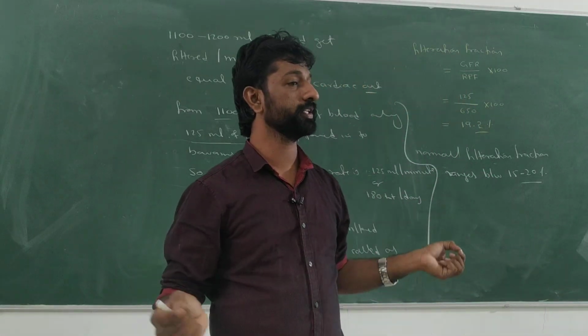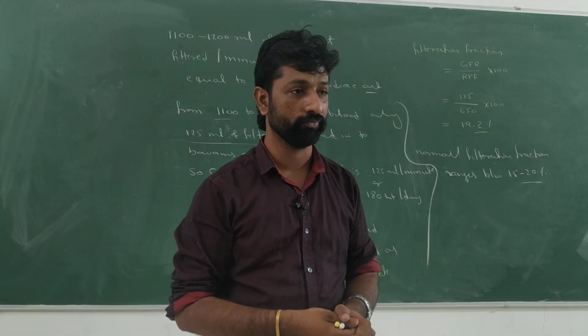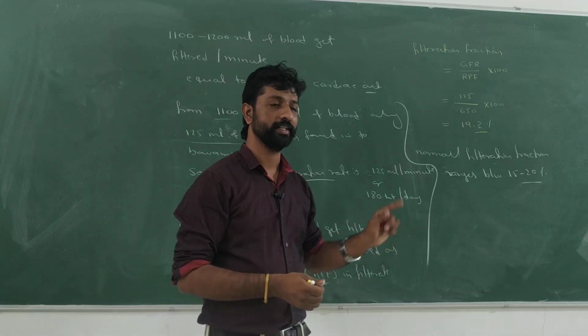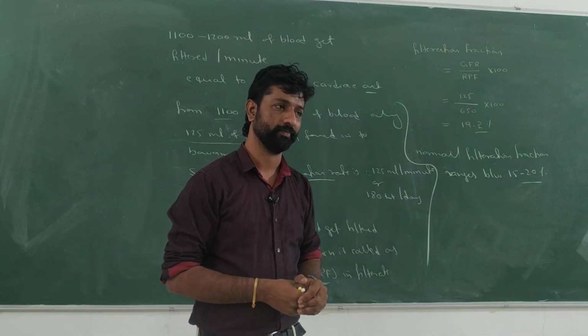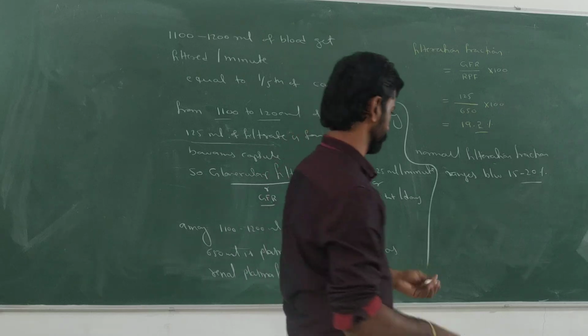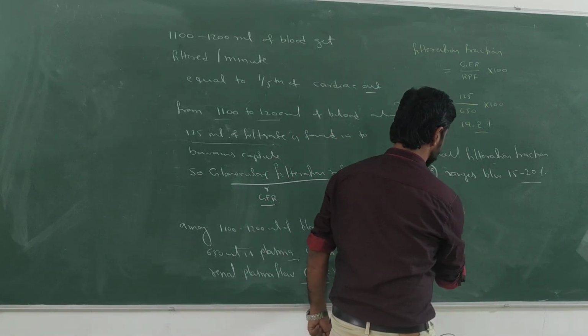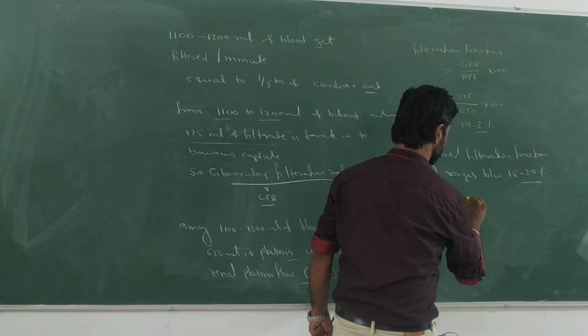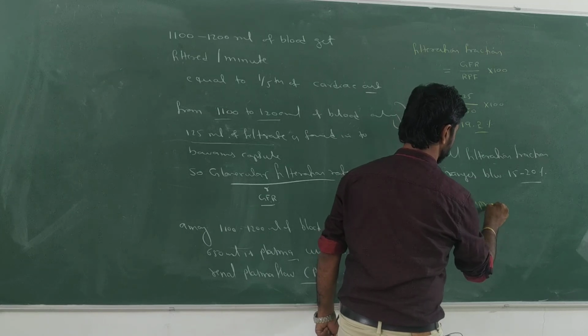So when the net filtration pressure becomes 0, what happens? No filtration takes place. Such a condition is called renal suppression. So what do you mean by renal suppression?